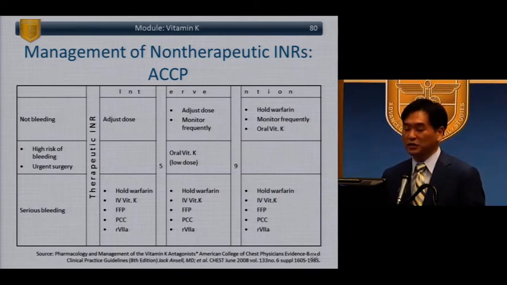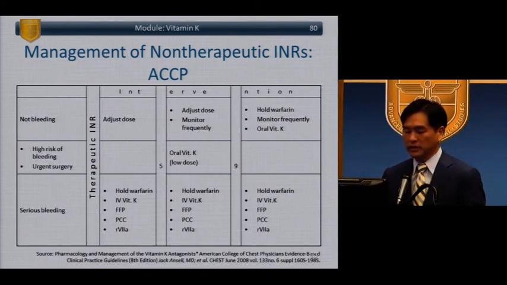If their INR is greater than 5 but less than 9, you're going to adjust the dose and draw coags. If they're greater than 9, you're just going to say the risk of bleeding is too high. So hold the warfarin, you're going to draw coags, and you're going to give them oral vitamin K.